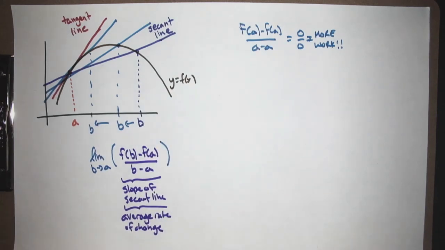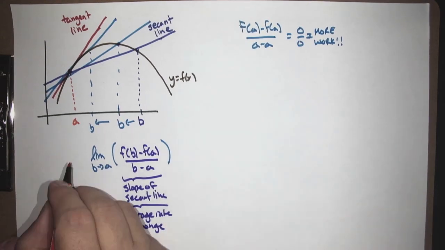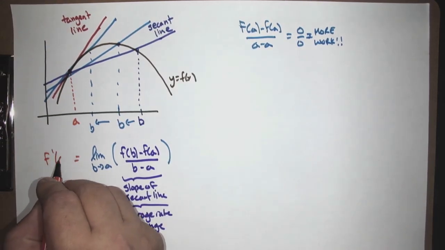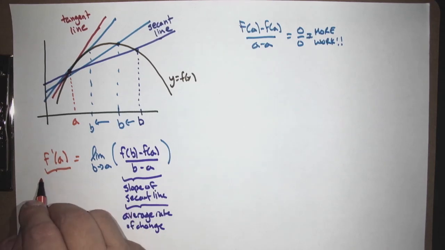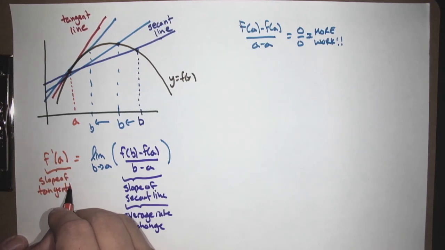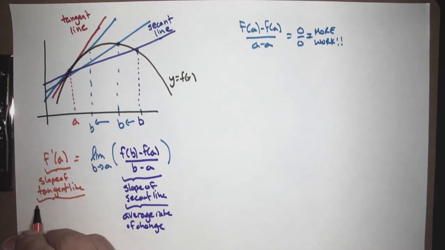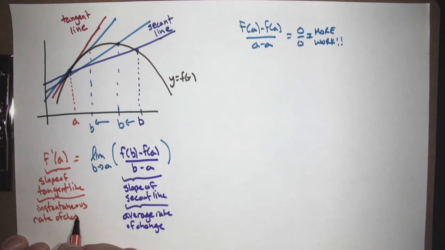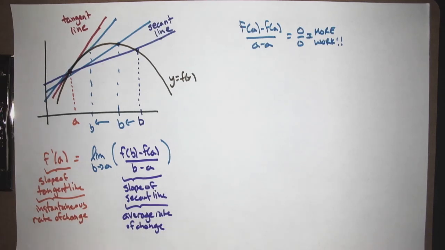And so we'll give this a name, and we call this f prime of A. So this is the slope of your tangent line, and also it's your instantaneous rate of change. How fast is the function changing right at that moment? Really, the whole thing is just saying that locally your function acts like your tangent line. And so we have that expression.